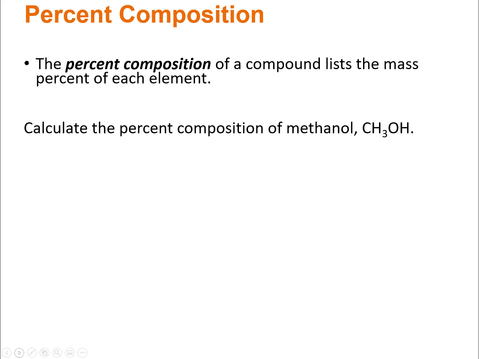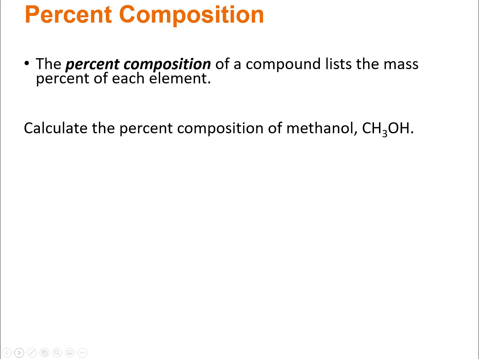So, the part of chapter 8 that we didn't cover last week, it's almost like its own chapter, a little mini chapter. It still has to do with moles, but the calculations are a bit different. So that's why I split it up. We're going to start off talking about percent composition.